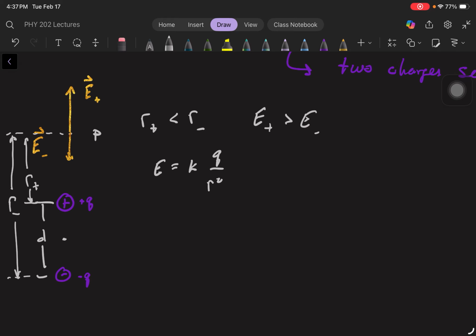Okay. And so if we want, we can also figure out what the values of R plus and R minus are going to be.